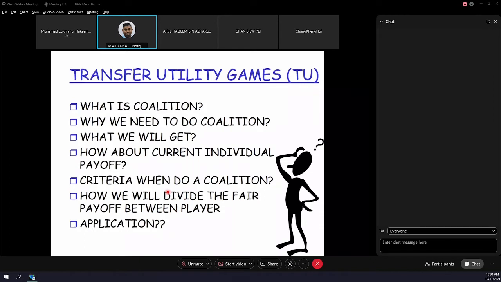The first one, what is coalitions? Why do we need to do coalition? What will we get? How about the current individual payoff? Criteria when doing a coalition? How we will divide the fair payoff between players.